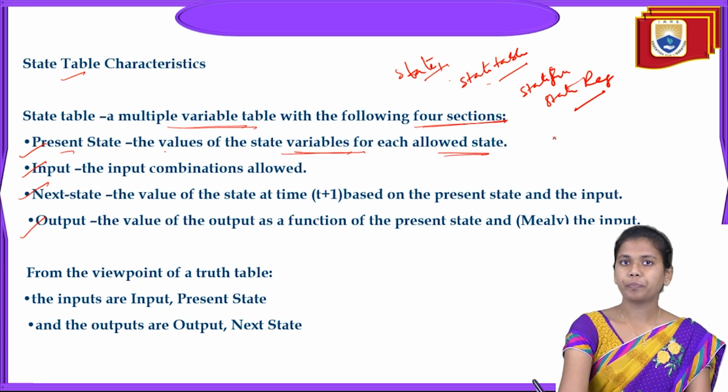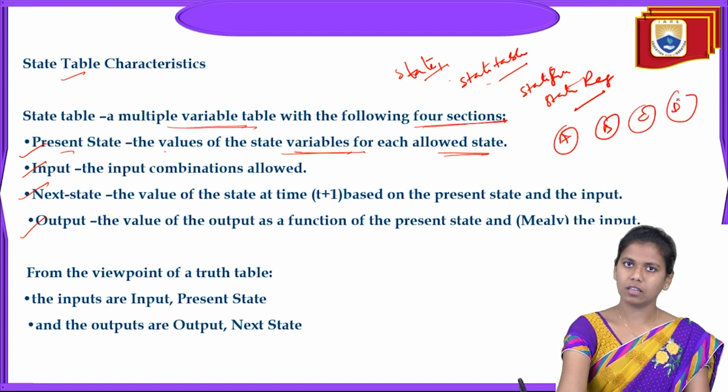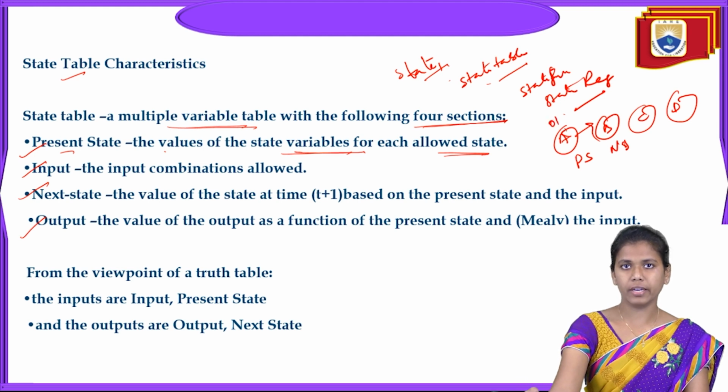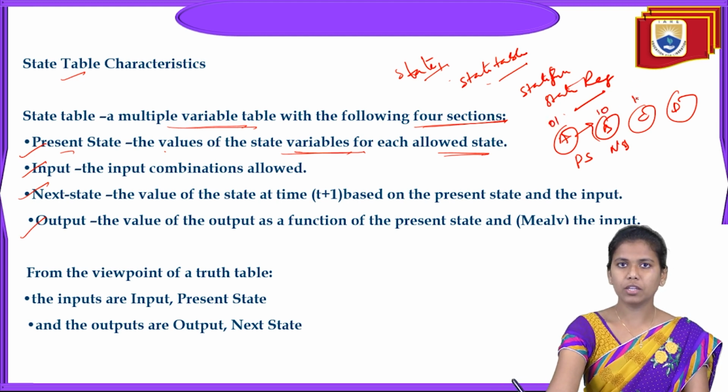For example, my states are A, B, C and D, and I am calling A a present state and B a next state. All the states are holding data such as 0 1, 1 0, 1 1 and 0 0.